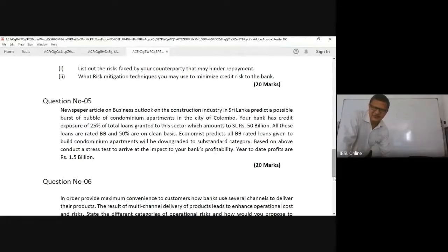Economists predict all double B rated loans given to build condominium apartments will be downgraded to substandard category. Now you need to understand the categories we discussed when loans don't perform. Your non-performing advances between 3 months to 6 months, or 90 days to 180 days, we call special mention.